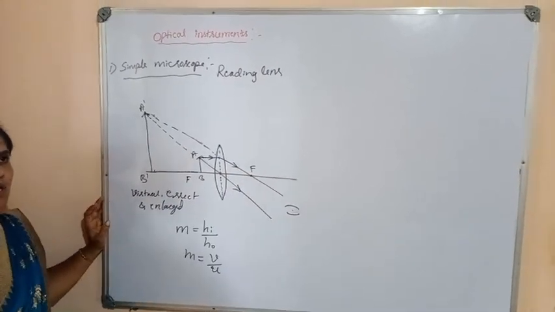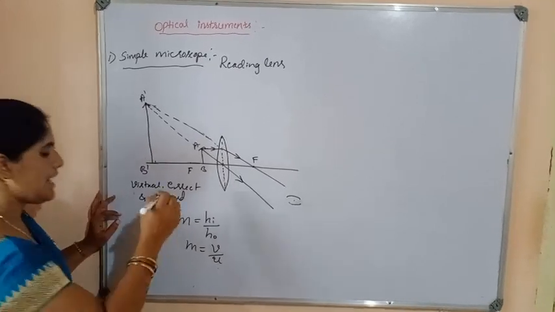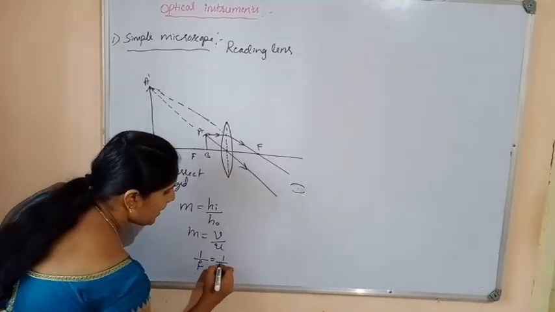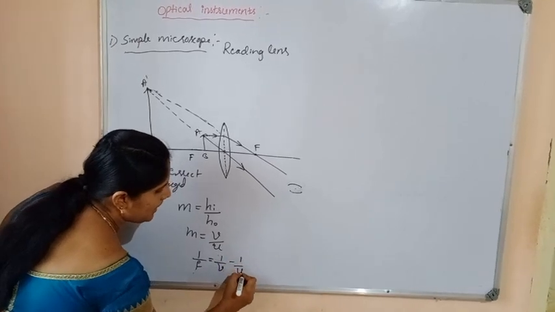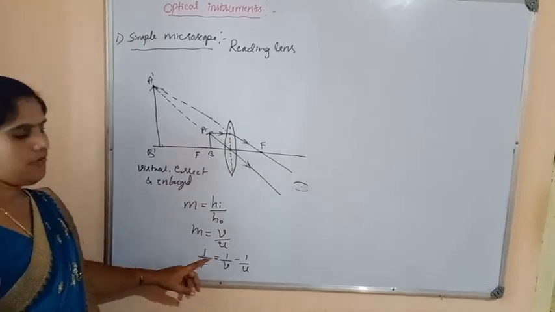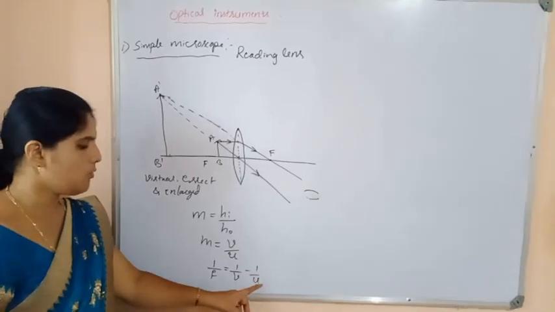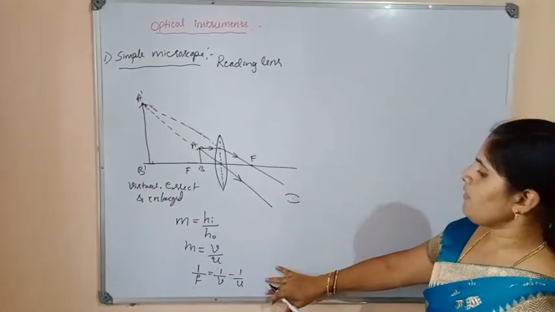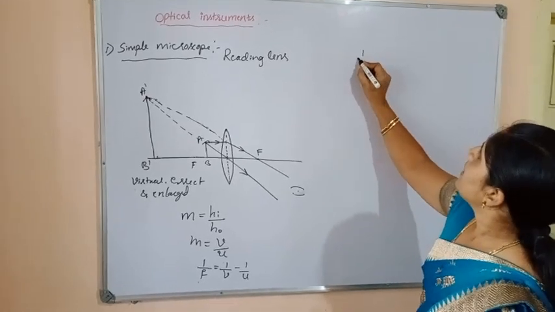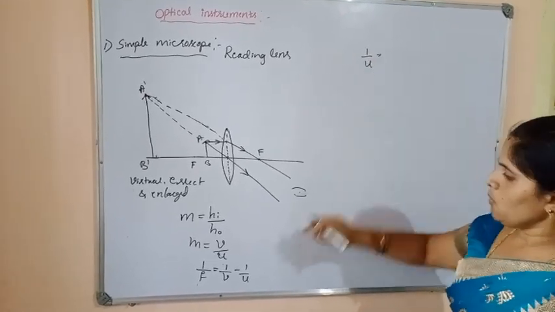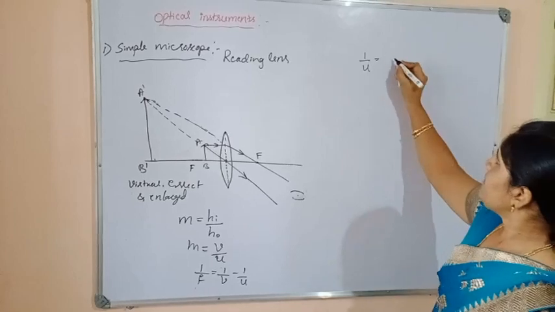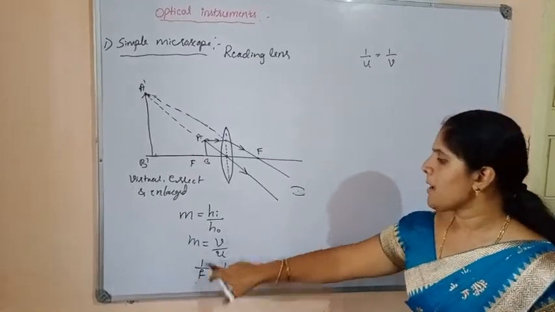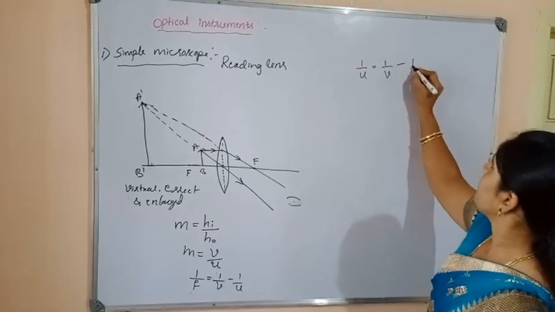We know the lens formula: 1 by f is equal to 1 by v minus 1 by u, where f is the focal length, v is the image distance and u is the object distance. Rearranging, 1 by u is equal to 1 by v minus 1 by f.